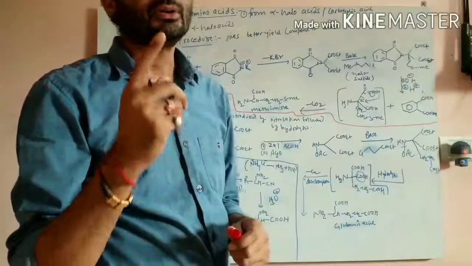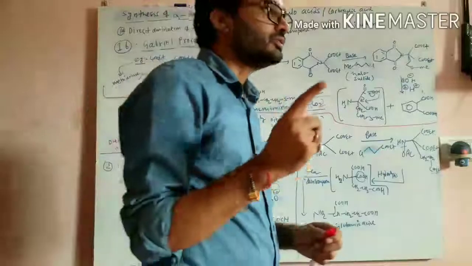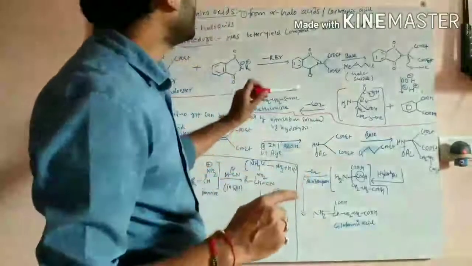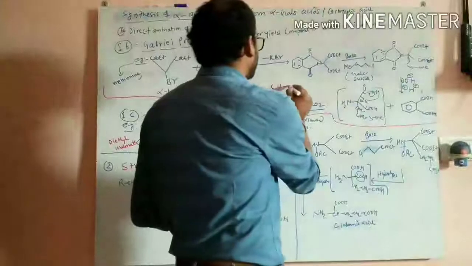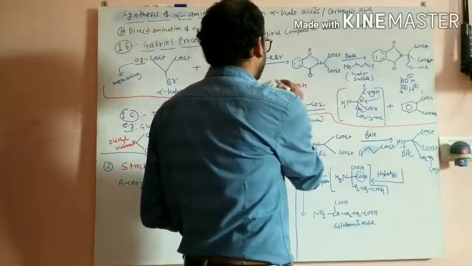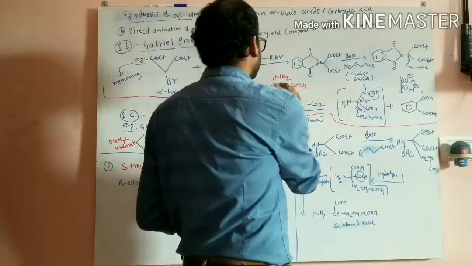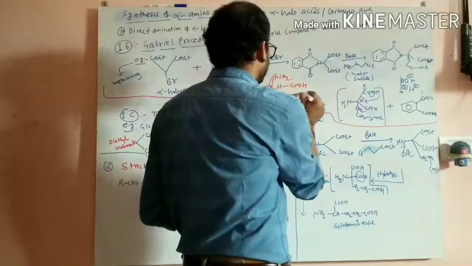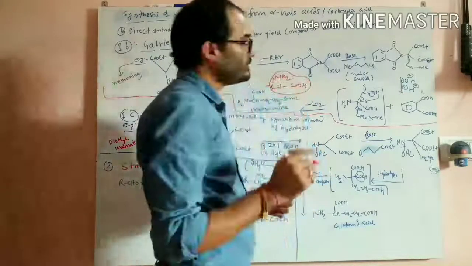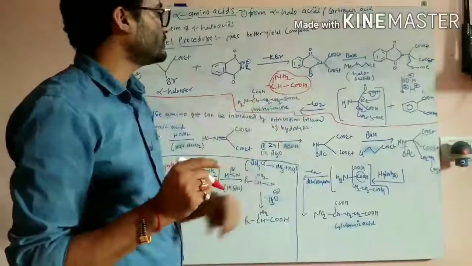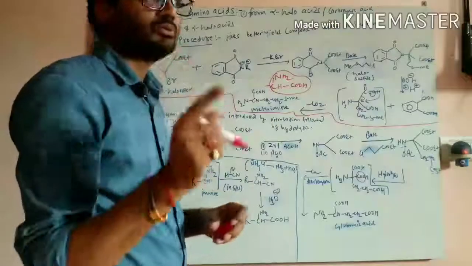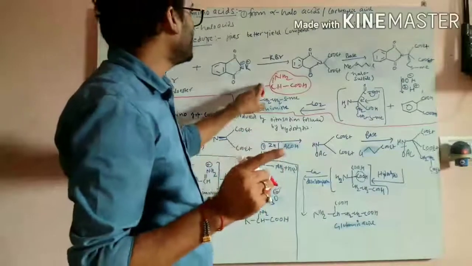And one more thing: this moiety, NH2, CH and COOH, will remain the same for all the alpha amino acids. So all the alpha amino acids differ only at the side chain.